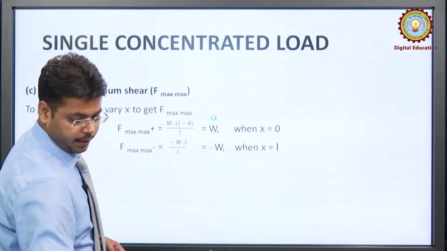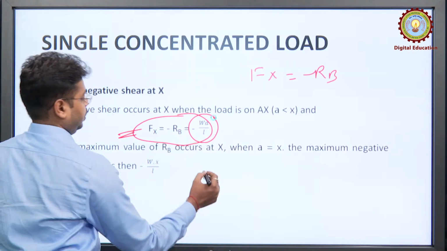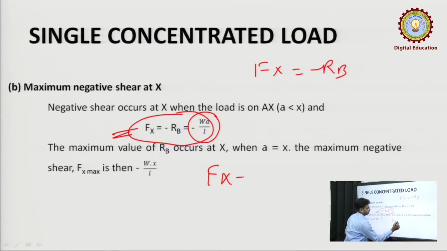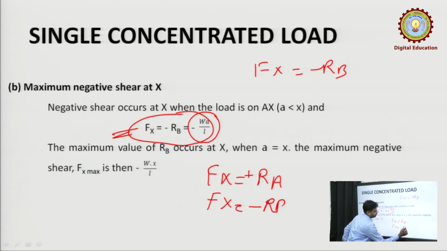Now we have two values: Fx equal to plus Ra, which is shear force, and a second value minus Rb.